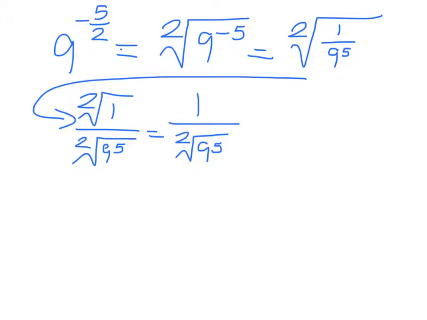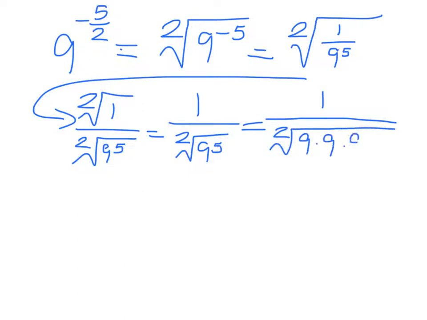Now I don't really know what the second root of 9 to the 5th is, so maybe I'm going to write it out and see if I can break it into two radicals. So maybe I'll write this: 1 over the square root, or the second root, whatever you want to call it, of 9 times 9 times 9 times 9 times 9. I'm going to do that 5 times.